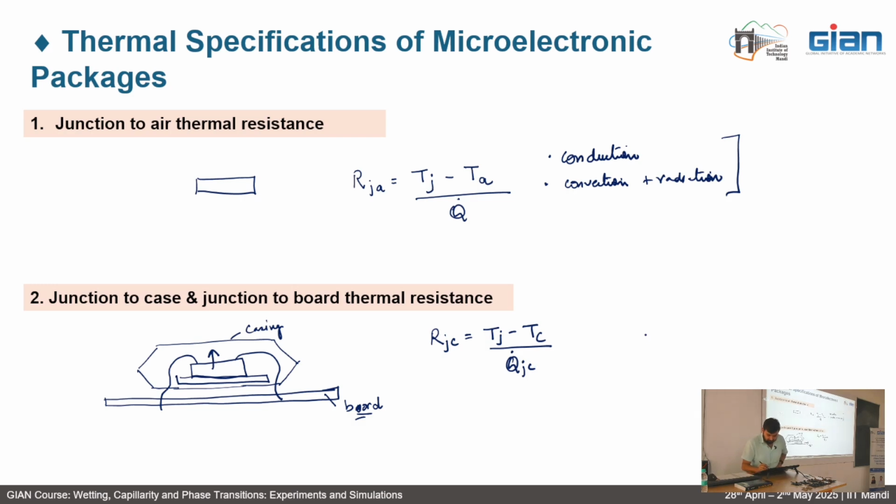Similarly, we also define junction to board thermal resistance as RJB is equal to temperature of junction minus temperature of board upon QJB. As you can see, in both these cases the mode of heat transport is only conduction, the heat transfer which occurs due to the pathways which are already embedded in this device.